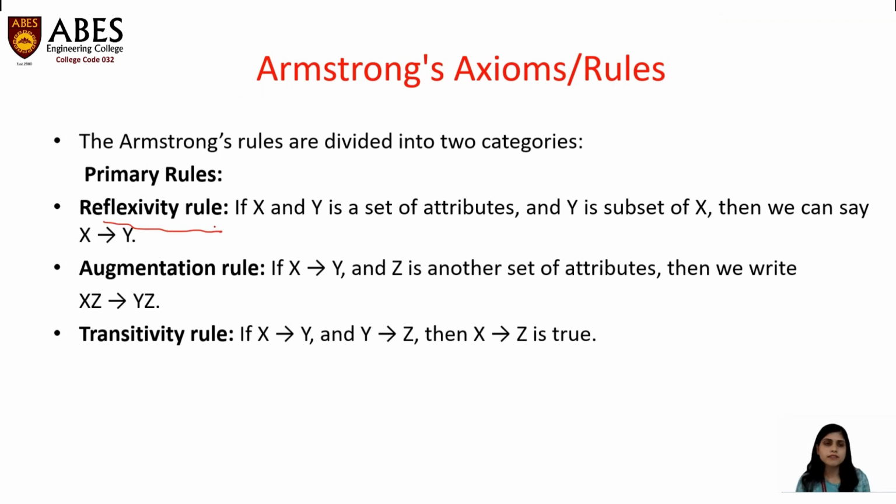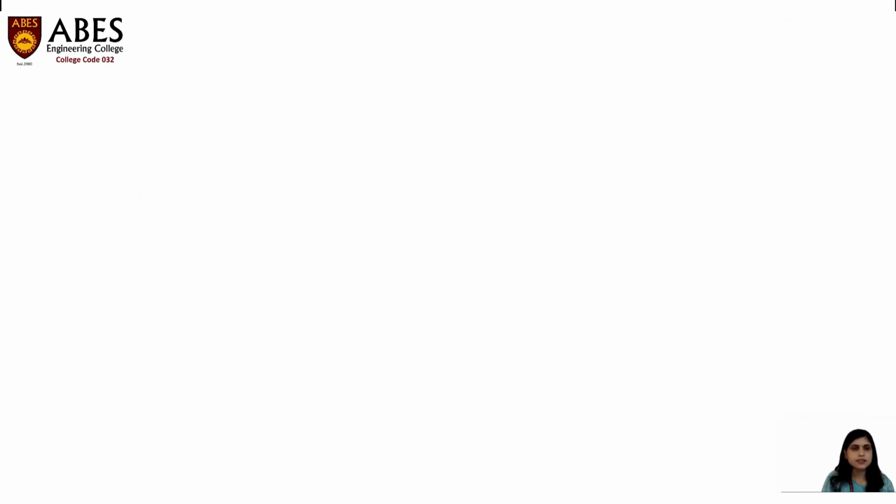According to the definition, if x and y are sets of attributes and x and y belong to a relation R, and if y is a subset of x, then we can say that x implies y. Let's understand the logic of the reflexivity rule first.